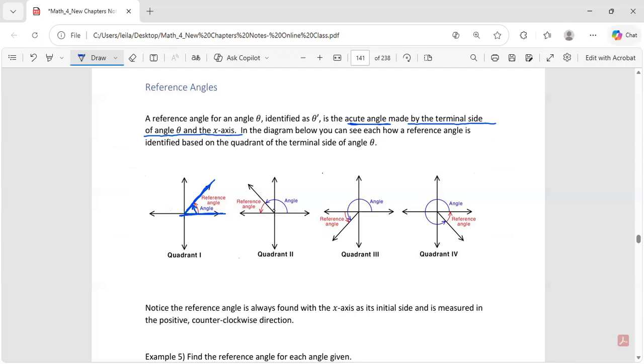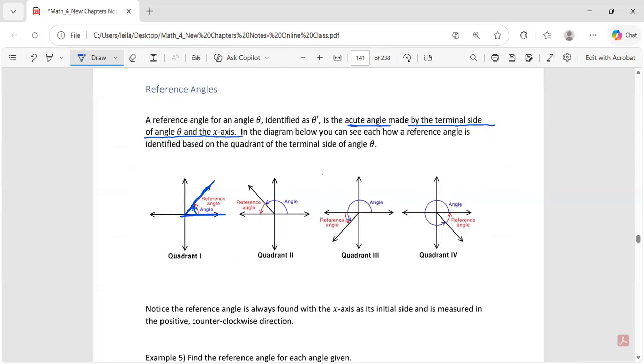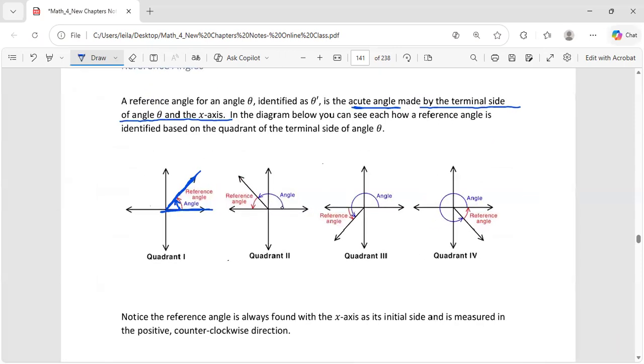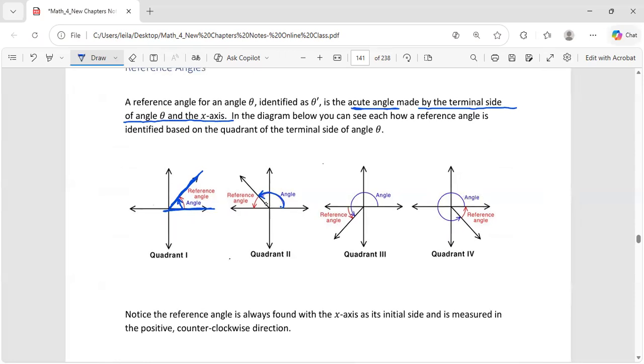If we have an angle in the second quadrant, this one, the reference angle is between the terminal side and the x-axis, which is this angle. If we have an angle in the third quadrant, the reference angle is between the terminal side and the x-axis, which is this angle.